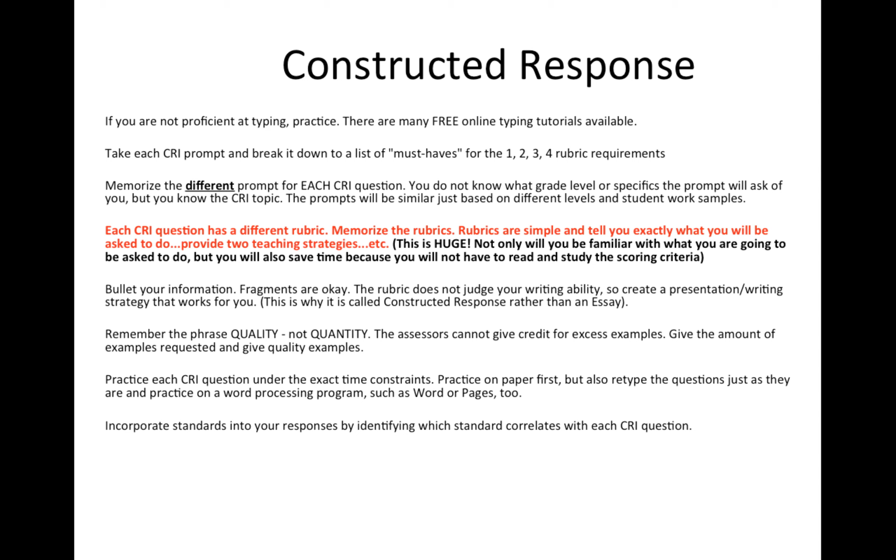Take each constructed response prompt and break it down into must-haves. And by the prompts, that's really, guys, looking at those rubrics or even those questions that they ask you to answer, which basically are the rubrics. What must you have? That just gets you familiar to it. We want you to memorize the prompt for each constructed response question. You do not know what the grade level will be, but the prompt will ask you the same thing.